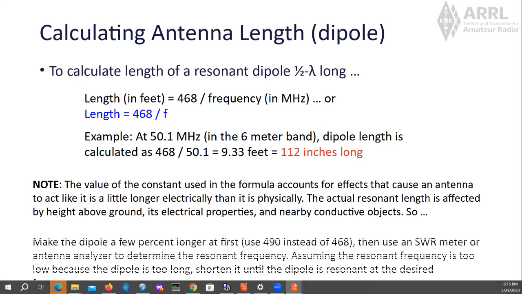So, make the dipole a few percent longer. Use 490 instead of 468. Then use a SWR meter or antenna analyzer to determine the resonant frequency. Assuming the resonant frequency is too low because the dipole is too long, shorten it until the dipole is resonant at the desired frequency.